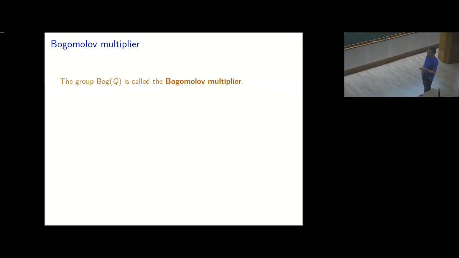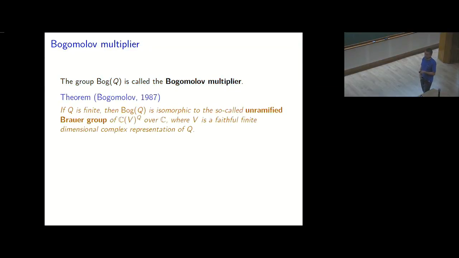And this group, there's a reason why this is called like this, because there's a theorem of Bogomolov from 1987, which says that if you have a finite group, then this group B0 of Q is isomorphic to something which is called the unramified Brauer group of this field. So what is this field? Well, you take a faithful finite dimensional complex representation of Q. Okay, Q is a finite group, and you take polynomial functions.